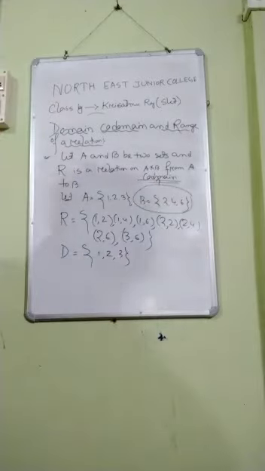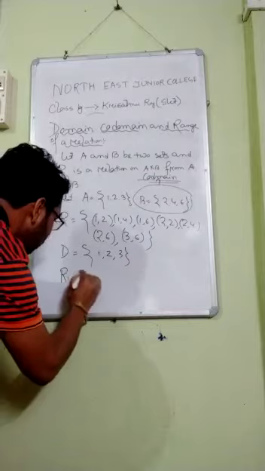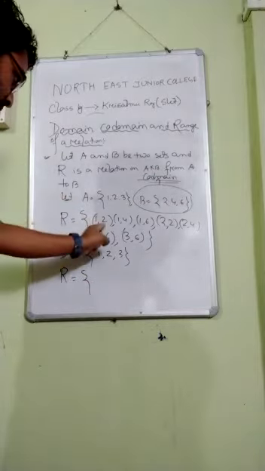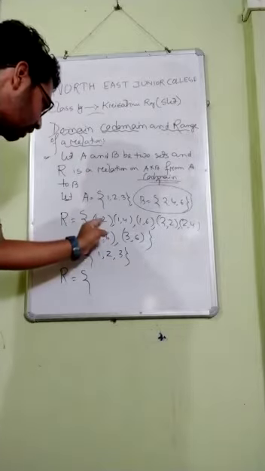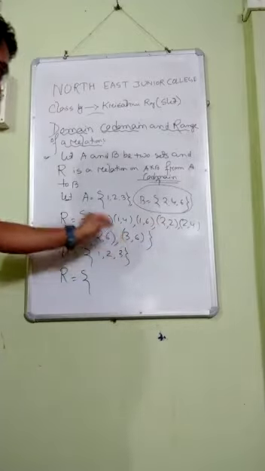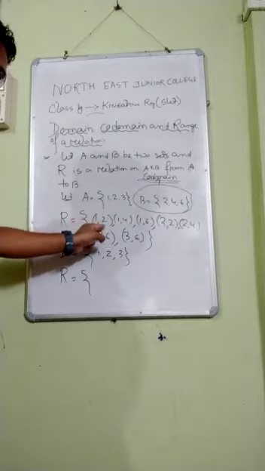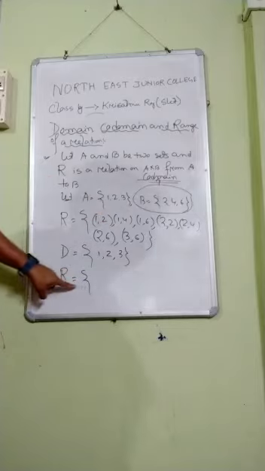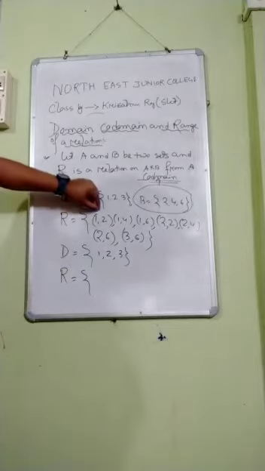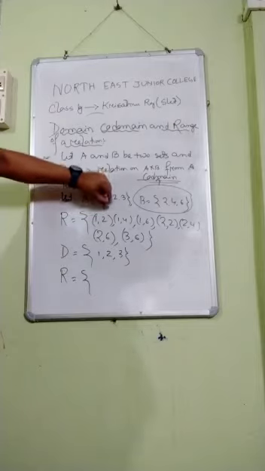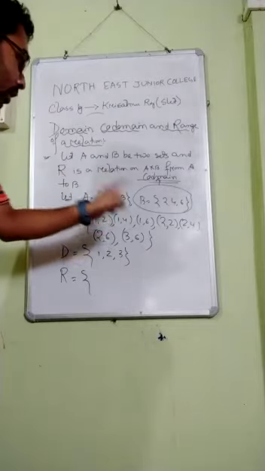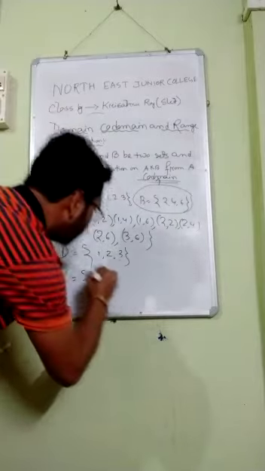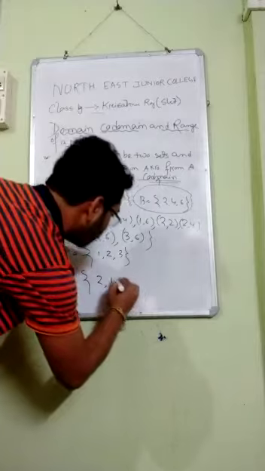And what is range? Range is the set constructed by taking the second elements of the ordered pairs present in the relation R. So it will be 2, 4, 6.